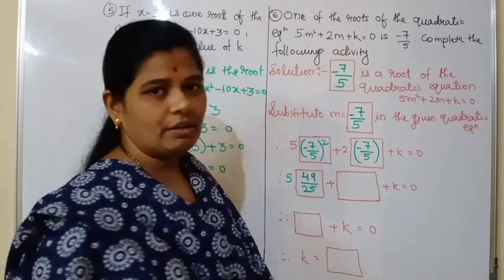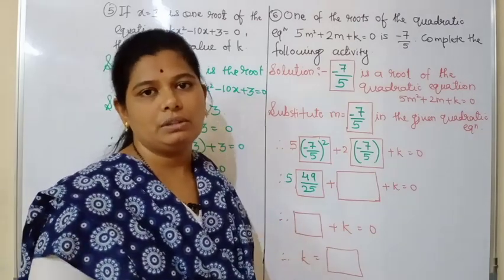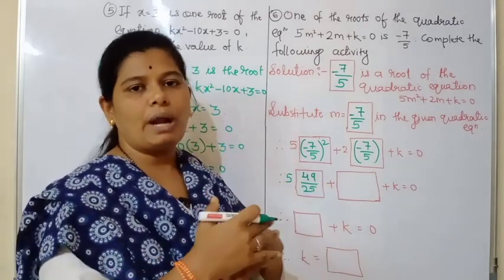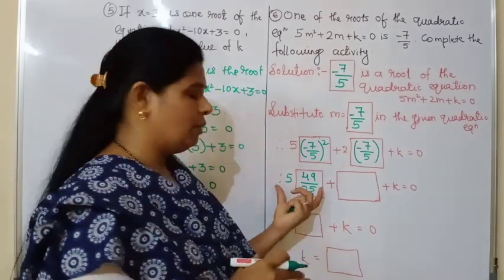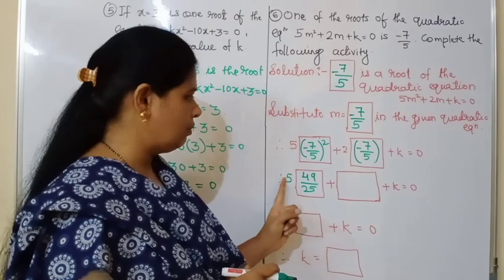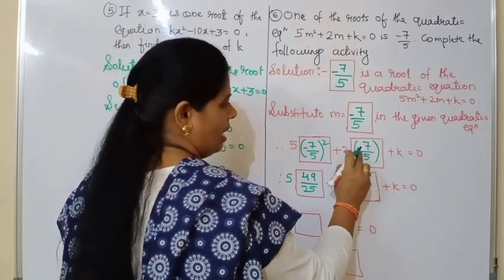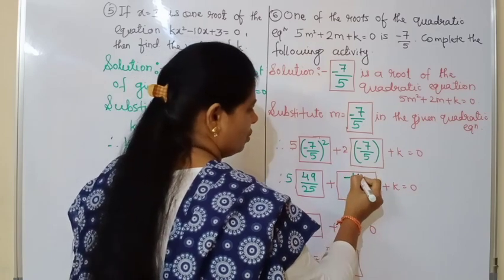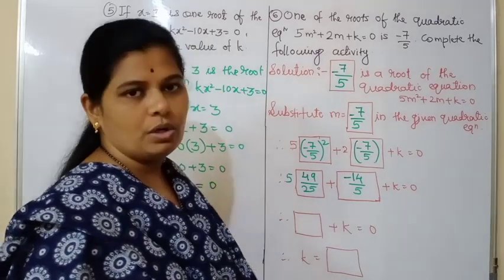Okay. Actually in the activity it is not given, but we have to write the certain steps which are not given in the activity, and then we have to give the proper boxes. Okay, but for the time being now I have written here the 5. Now we'll just multiply this. 2 sevens are 14, as the minus sign is there, so it will be minus 14 upon 5 plus k equal to 0.